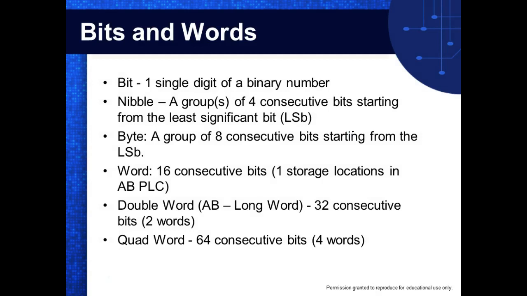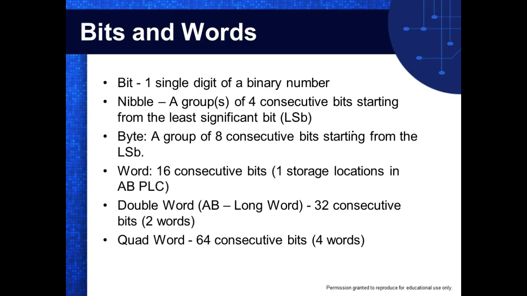So a bit is a single binary digit. Everybody okay there? A nibble is a group of 4. A byte is a group of 8, starting with the least significant bit. A word is a group of 16. By the way, the minimum on Siemens, they go in bytes. They don't go in bits, they go in bytes.